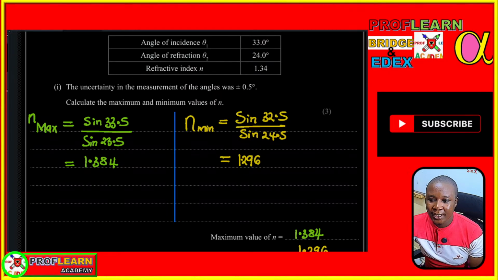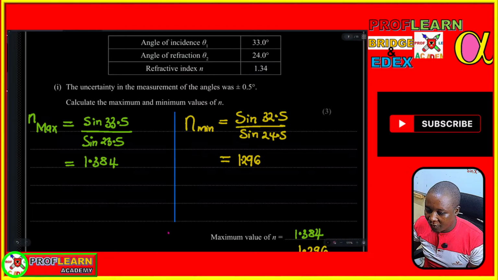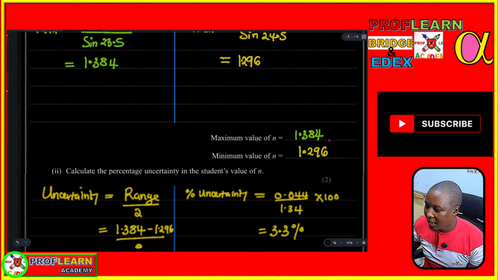If you work it out, you are going to get 1.384 as the maximum refractive index. And for the minimum refractive index, we have to ensure theta 1 is minimum and theta 2 is maximum, and that is going to give us 1.296 as the minimum value of the refractive index, as we have gotten them here.